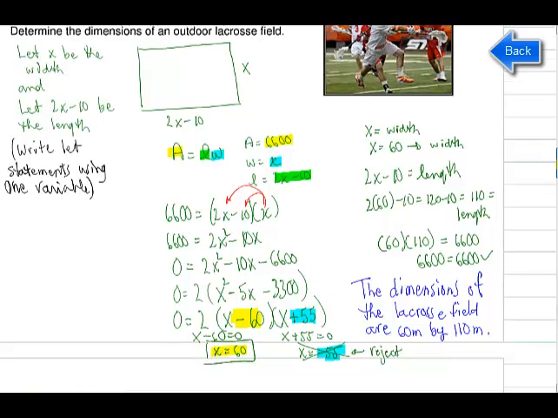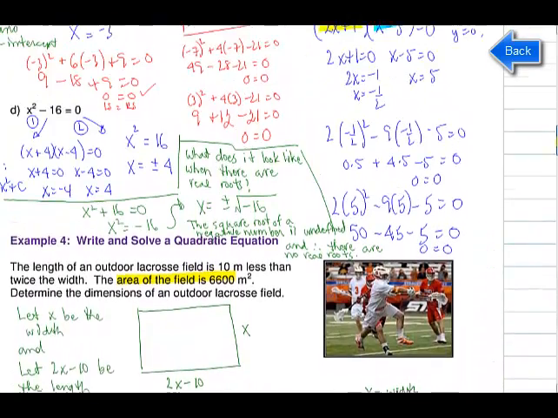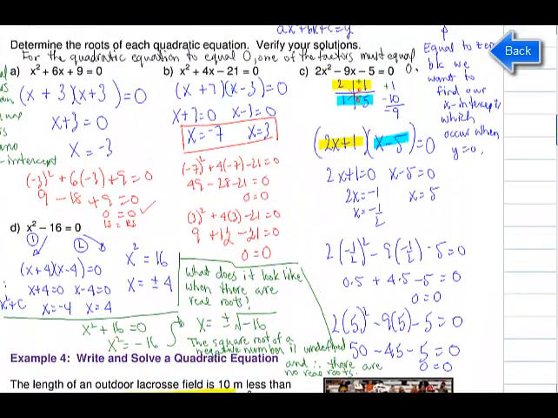And if we go back up to our previous examples, you'll see the same thing. Notice that you've got positive 3, and your answer is negative 3. You have positive 7, your answer is negative 7. You have negative 3, your answer is positive 3. You have a positive 1 here. When you solved, you got negative 1/2. Here you have negative 5.